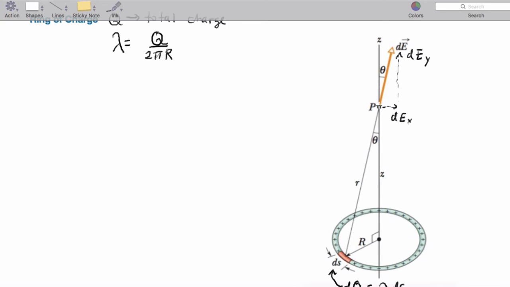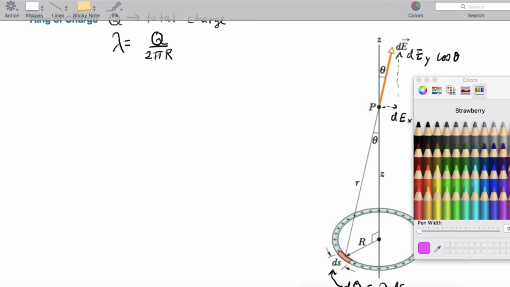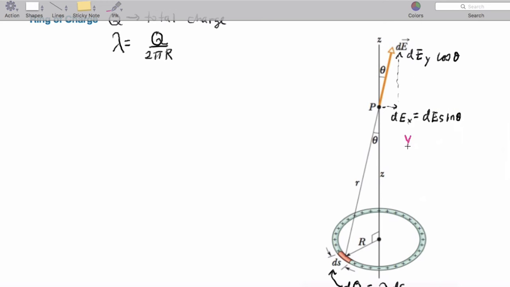So when we actually do SOHCAHTOA here, this component here is dE sine theta, and this component here is dE cosine theta. And why is it cosine theta? Because the book uses an annoying angle. I'm blaming the book.